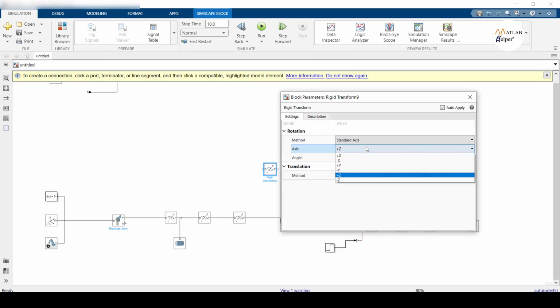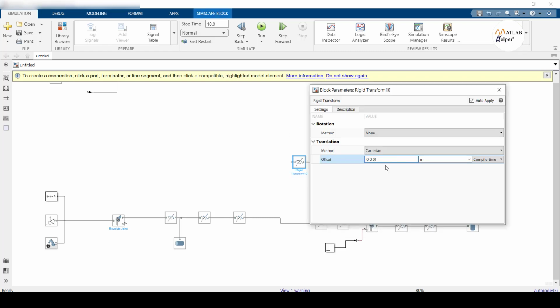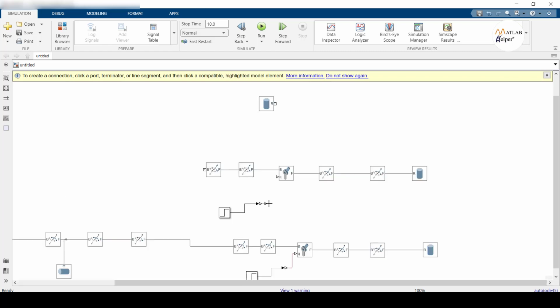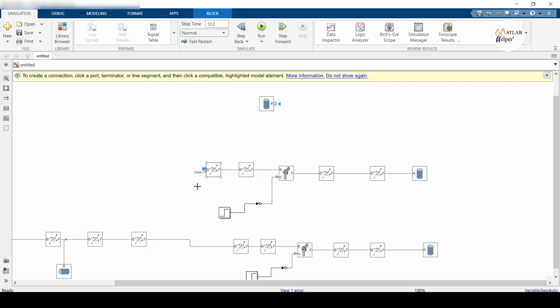Then a rigid transform of rotation around plus y-axis with minus 90 degrees. And rigid transform of 0.3, 0.5 and then a step signal with step time 6 with initial value 0 and final value.